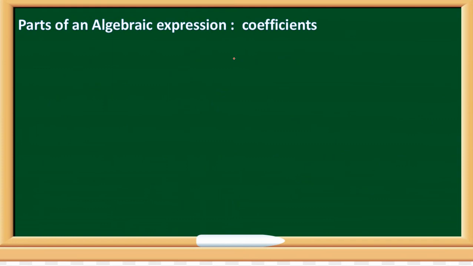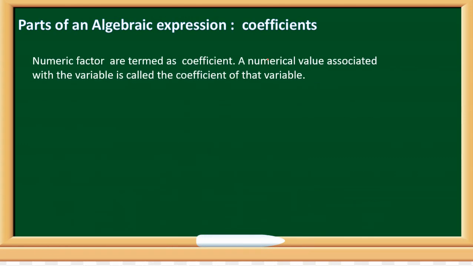Next part of the algebraic expression is coefficient. The meaning of coefficient is that the numerical factors are termed as coefficients. A numerical value associated with the variable is called the coefficient of that variable.